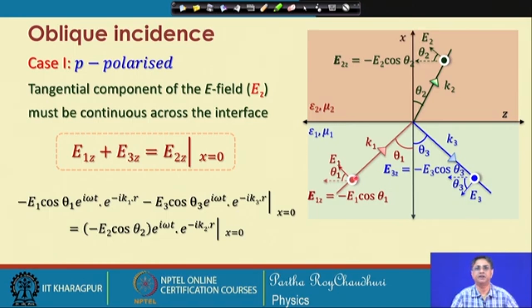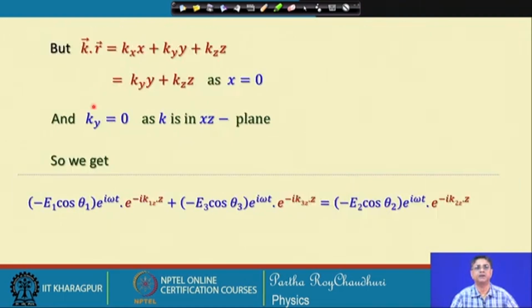The magnetic field is purely along the y direction. So, there is no y component of the electric field, that means k y equal to 0, as k is in the x z plane.